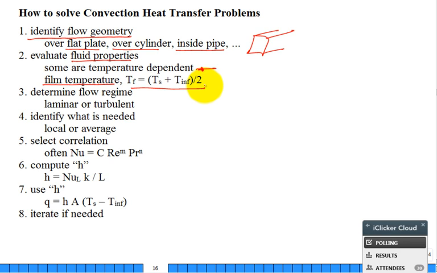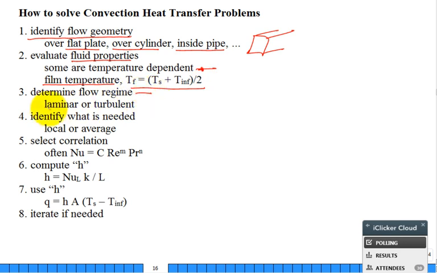That makes sense to me. So no problem. Just sometimes you don't know either the surface temperature or the free stream temperature. Hence, if you don't know it, you have to guess it, get some fluid properties, solve the problem, check to see how close your guess was, and maybe iterate. That can be confusing.